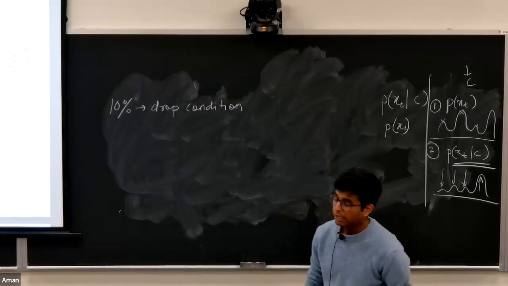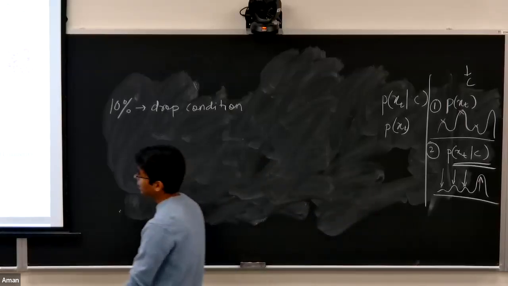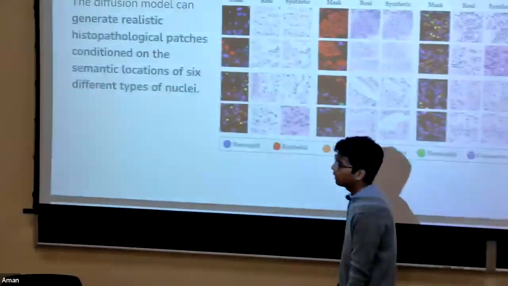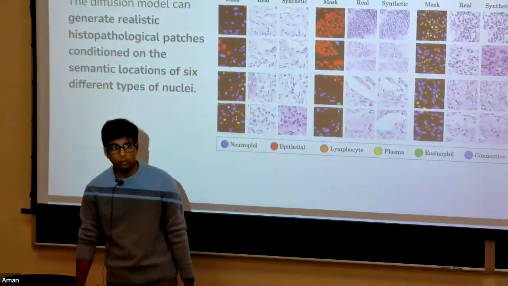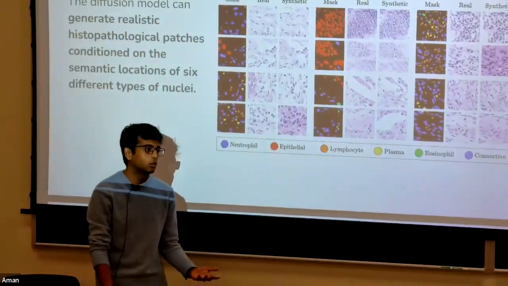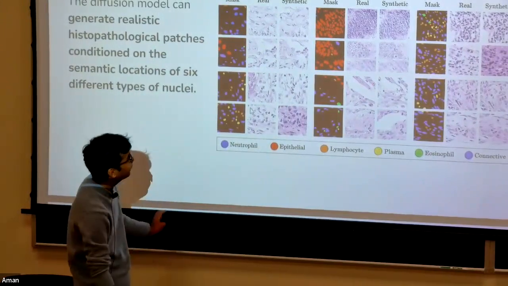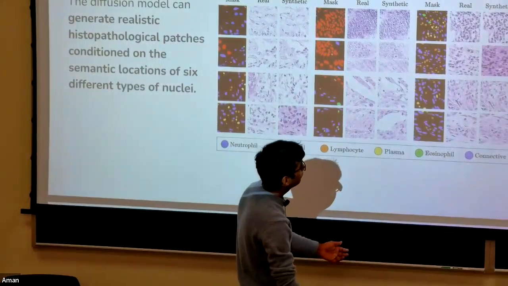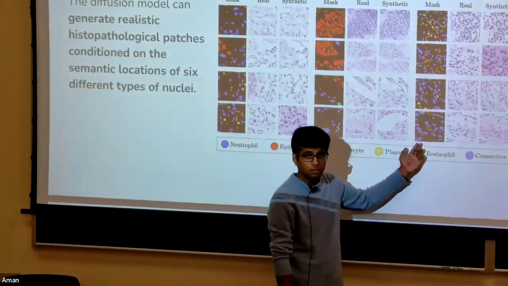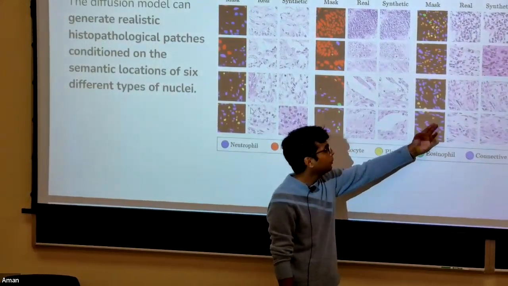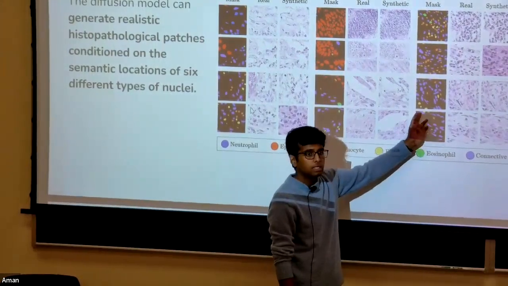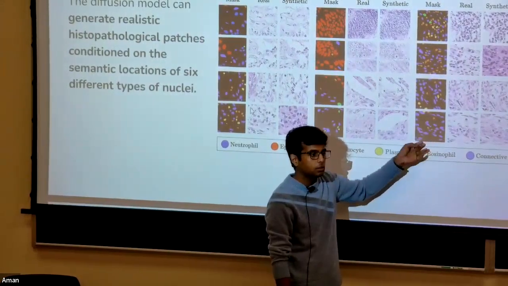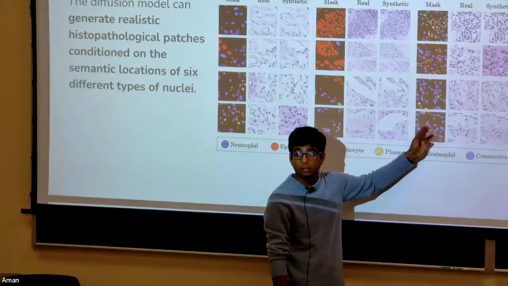All right, so now finally, let's look at a practical example of how such a model can be useful in a realistic problem setting. Here, let me define a problem for you. The problem is that you have these nuclei masks, which tell you which type of nuclei is present in the patch and what location it's present at, right?